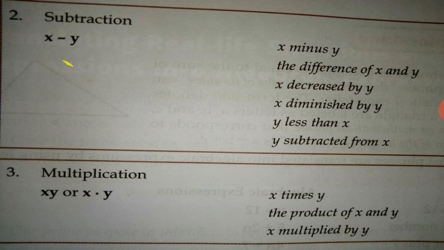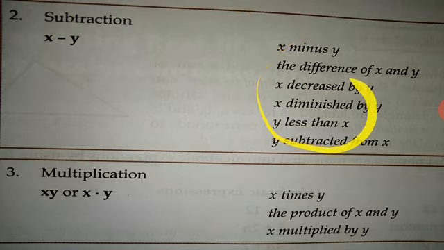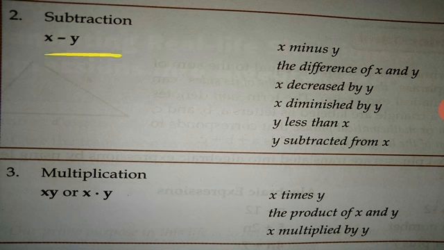Next is x decreased by y. So decrease also denotes subtraction. x diminished by y. Diminish also denotes subtraction. y less than x and y subtracted from x. So those are the verbal phrases for this given algebraic expression.